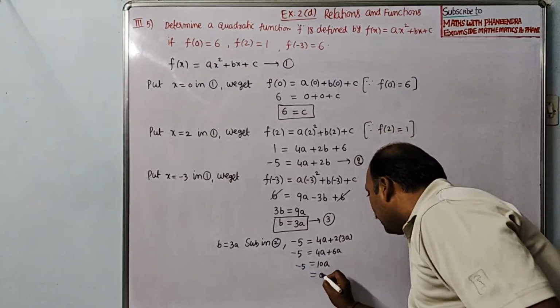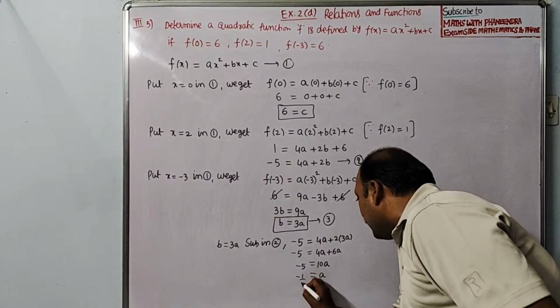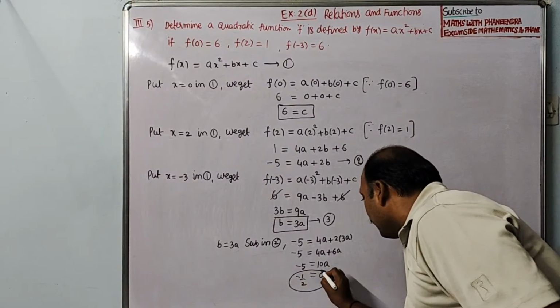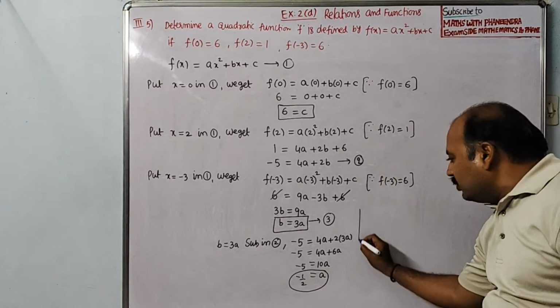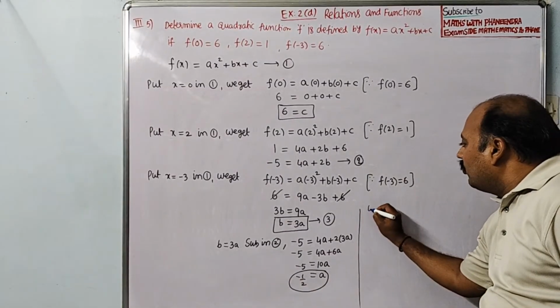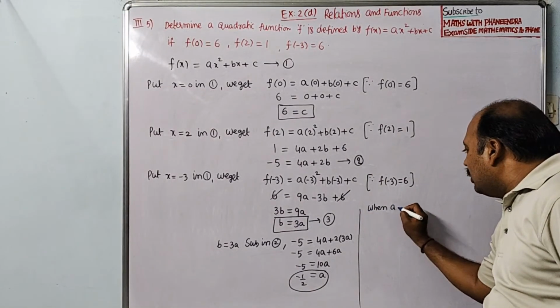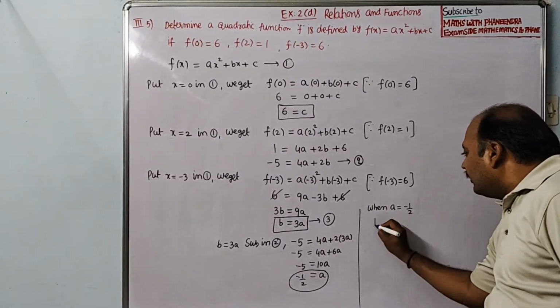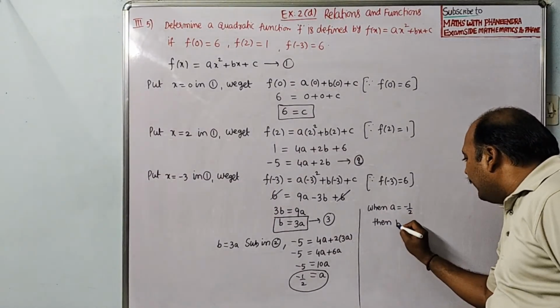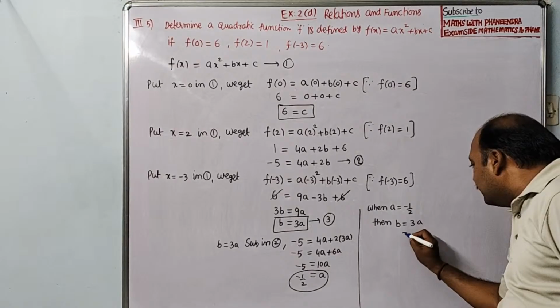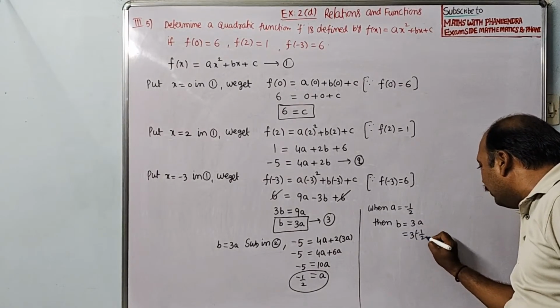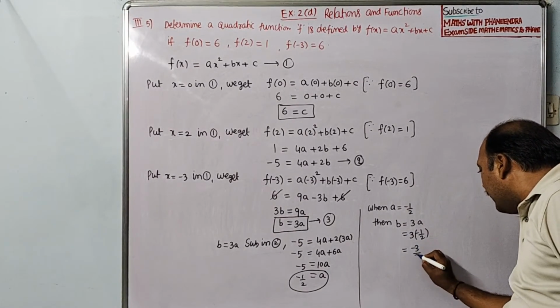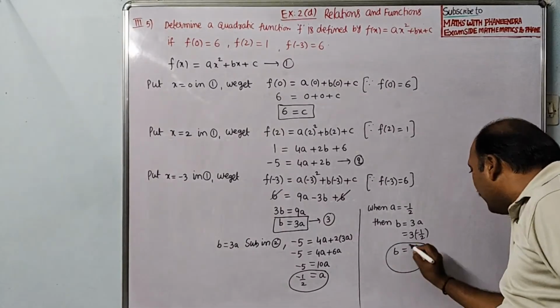So a equal to 5 ones are 5, 5 twos are 10, so minus 1 by 2. A is equal to minus 1 by 2. So when a is equal to minus 1 by 2, b is equal to 3a, that is 3 into minus 1 by 2, which is equal to minus 3 by 2.